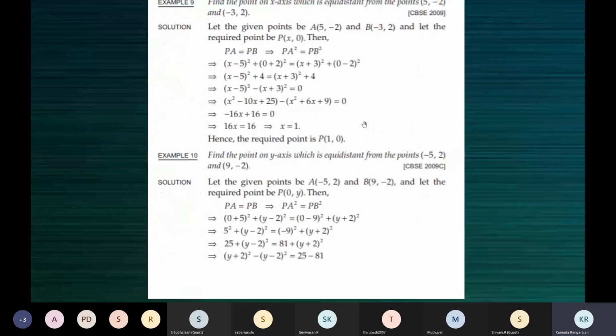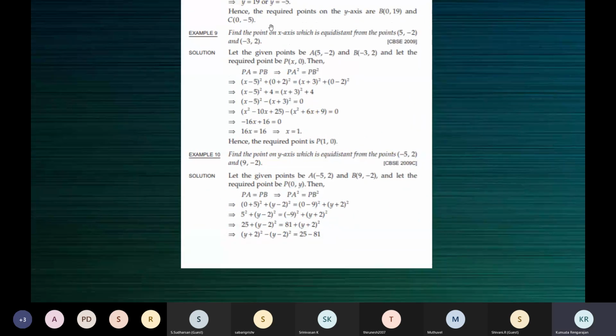Now this was x-axis. Find a point on the x-axis. Now here it is find a point on the y-axis. So let that point P be 0 comma y because on y-axis P is 0 comma y.